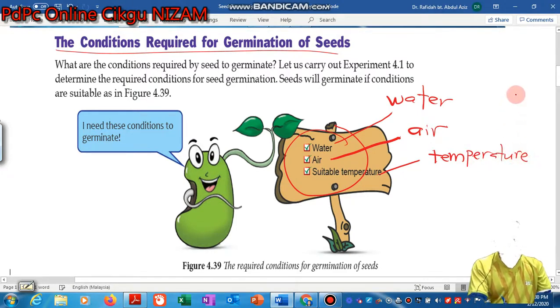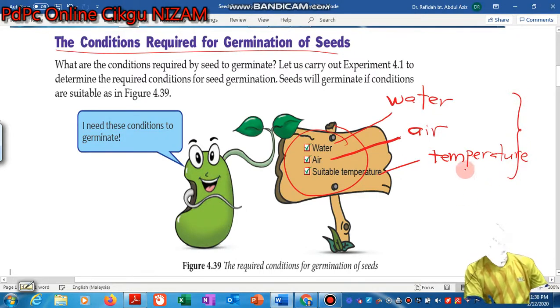Okay. So these three factors, these three conditions must exist simultaneously. So if any of these condition is absent, so seed will not germinate. So that is the important concept that you must have.